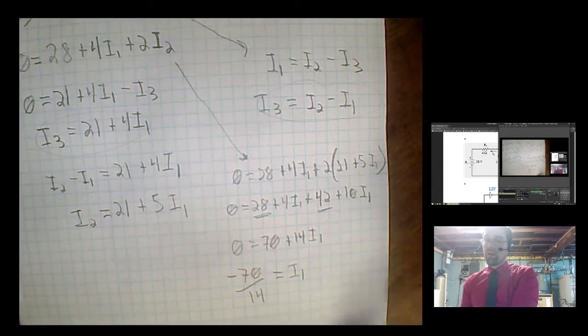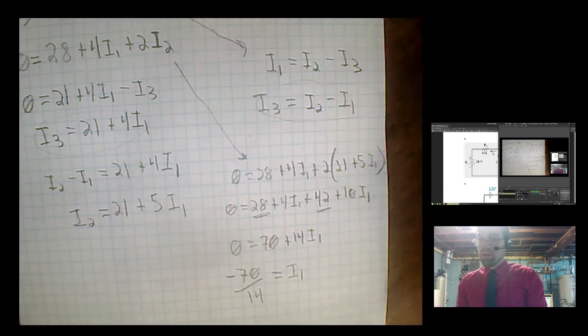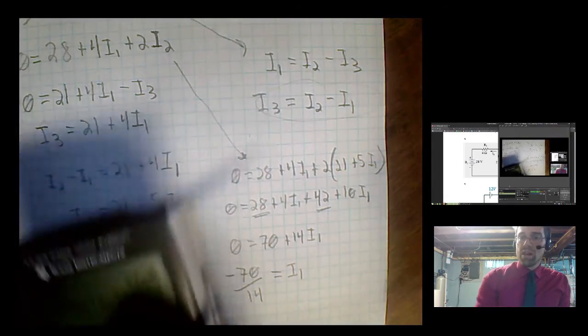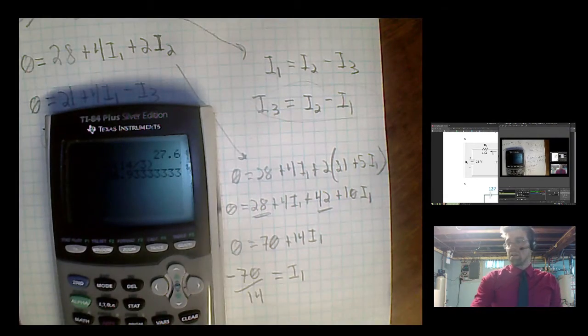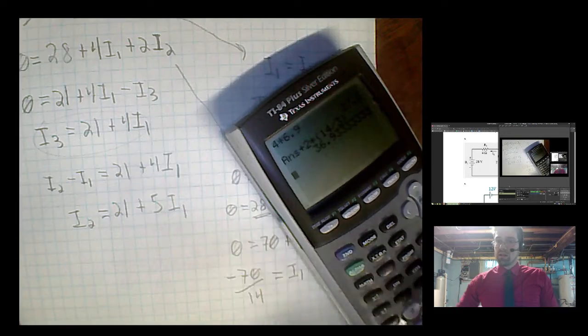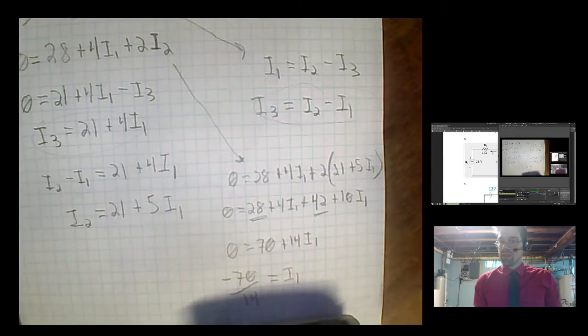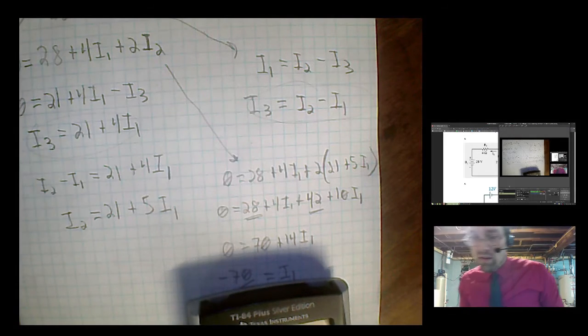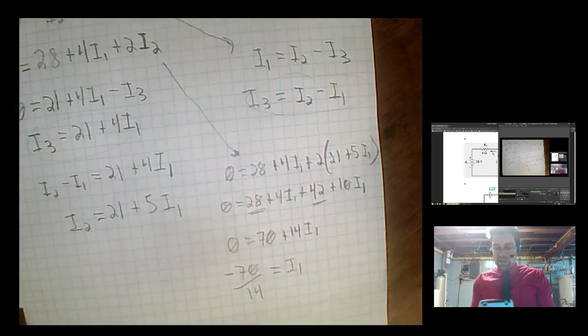Okay, so here I have a numerical. You guys can't see that, can you? Does that get better? You'll have to trust me. Punch it up in your calculator if you don't believe me. 70 divided by 14 is 5.